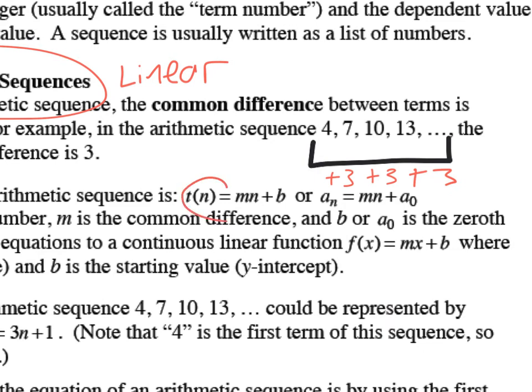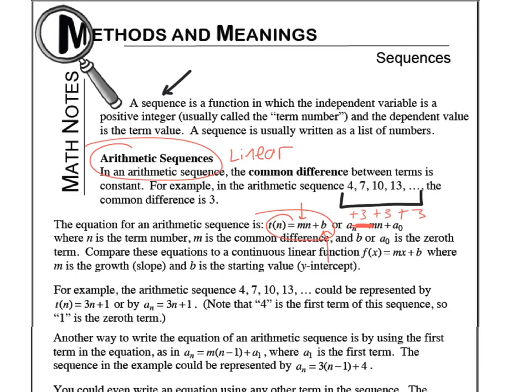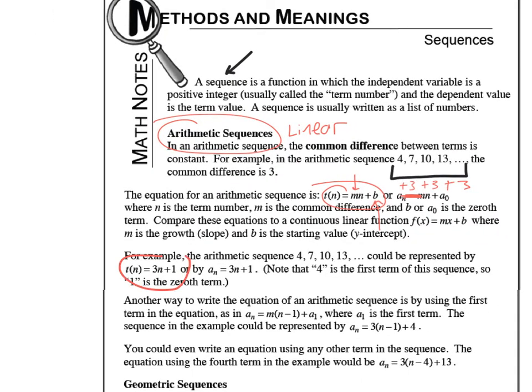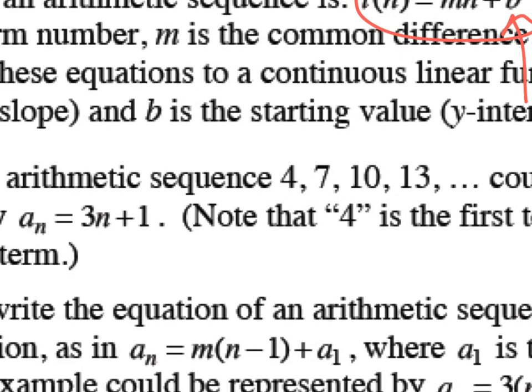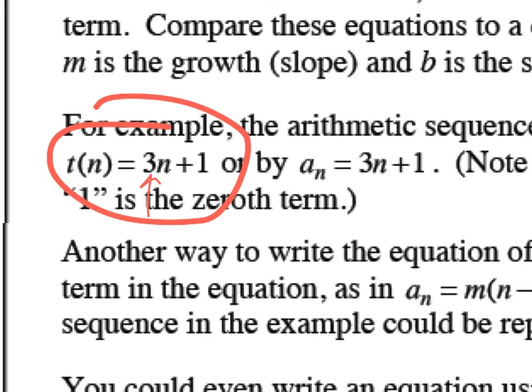And so the equation that we use for it is almost exactly like what we would use for a linear function. It's y equals mx plus b, where m is merely the value that you're adding back and forth, and b is the starting point where you're starting within your function. So they go through that right here. Notice how you're going up by 3, and my first term is 4, and so that might be kind of confusing, like, hey, why isn't this value 4?